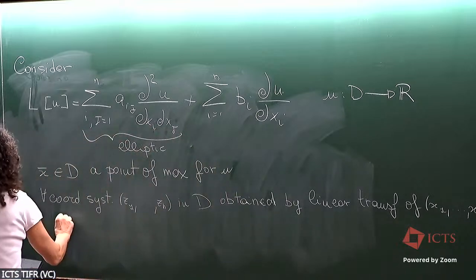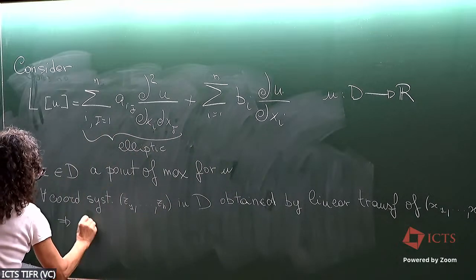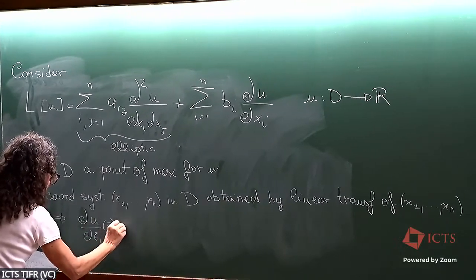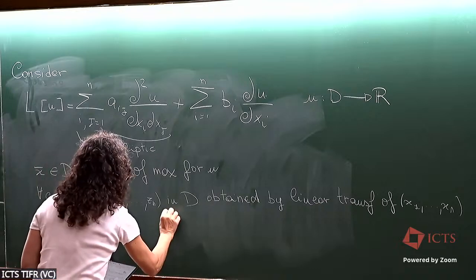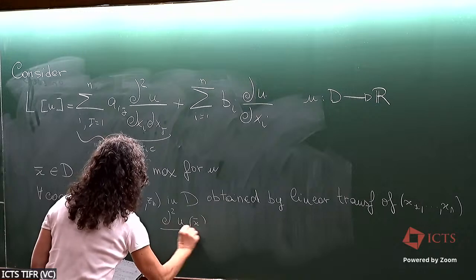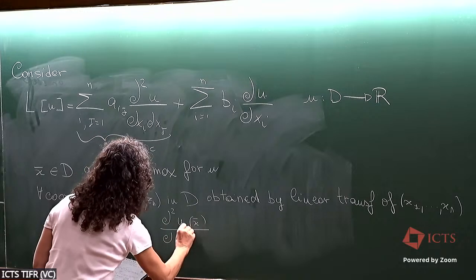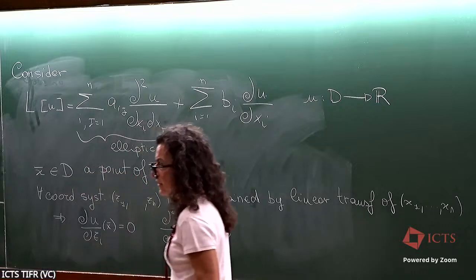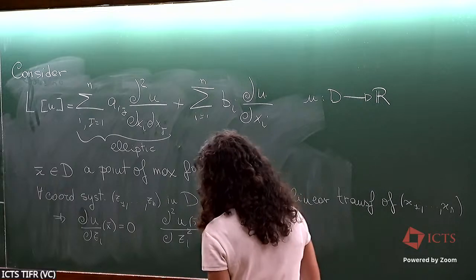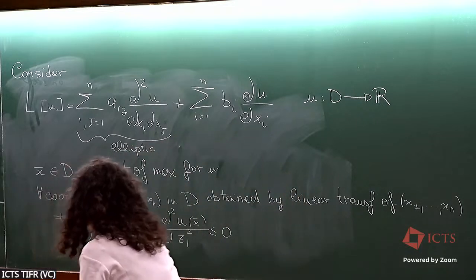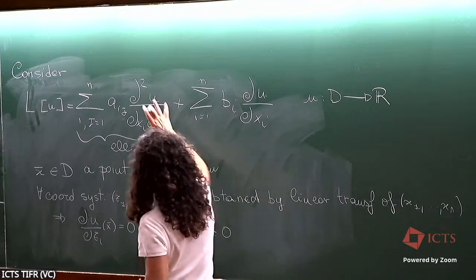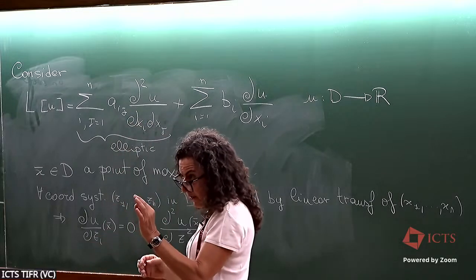You have that, as it is a point of maximum, du/dz_i at x bar is equal to 0, and that all the second derivatives d squared u/dz_i squared are less or equal than 0. This is just elementary analysis. Now, in particular, you can choose this z_i. It's not hard to convince yourself that you can transform this operator into the Laplacian at that point.